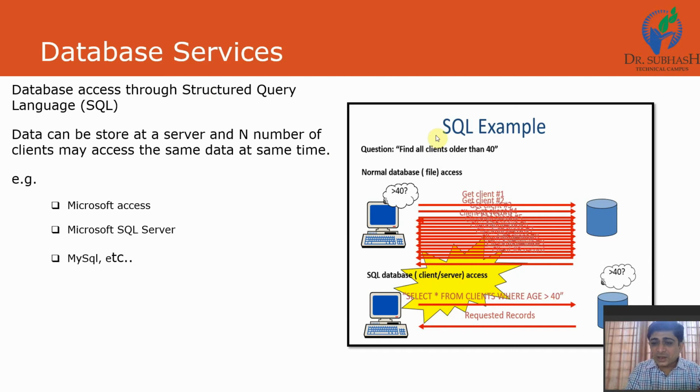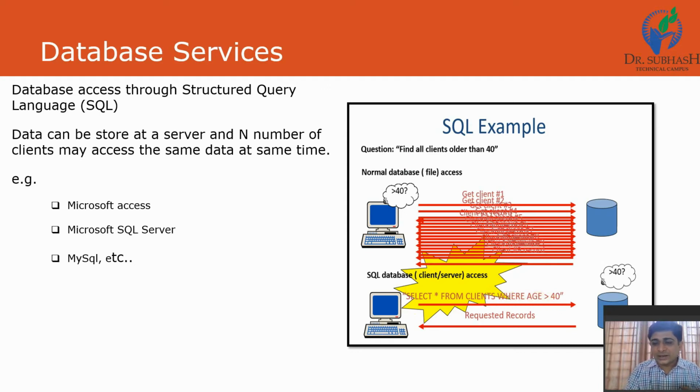Here we have one example, an SQL example. We have a single question: find all clients older than 40. How many clients have age above 40? Then we can pass a query: select star from clients where age greater than 40.